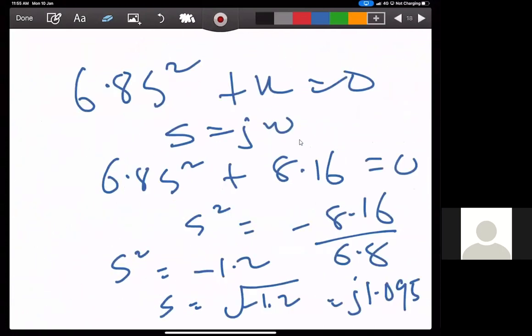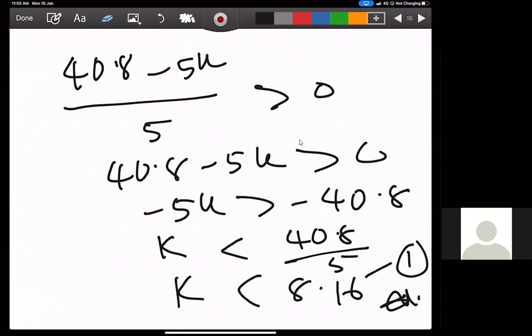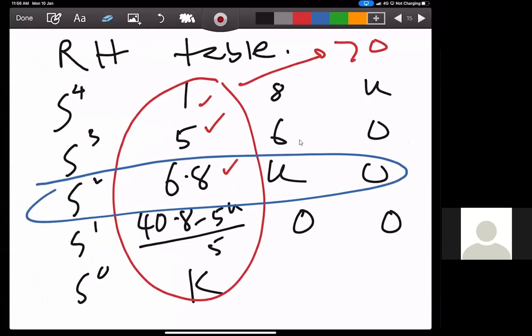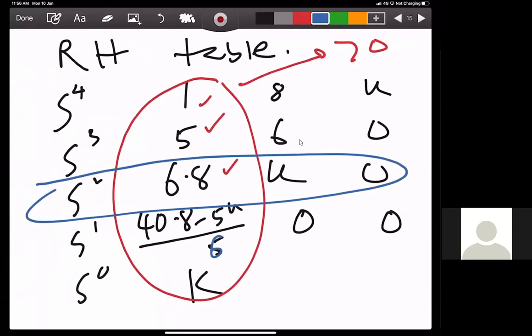Yang 40.8 minus 5K over 5 tu sepatutnya divide by 6.8 kan? Divide by 6.8. Divide by apa-apa pun tetap kosong. Silap lah. Divide by 6.8.